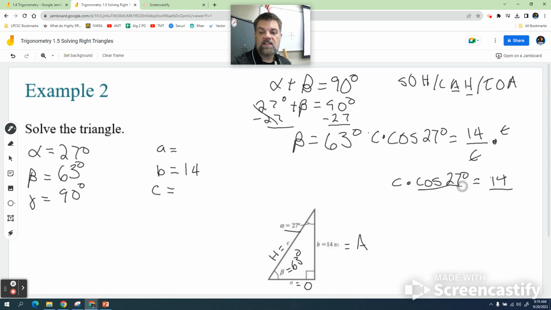Next, I'm going to divide both sides by cosine of 27 degrees, because cosine of 27 degrees is an actual number. These cancel, and I get C is equal to 14 divided by cosine of 27 degrees.